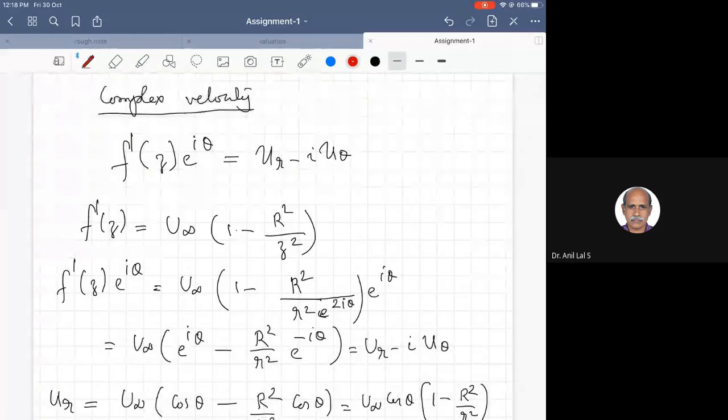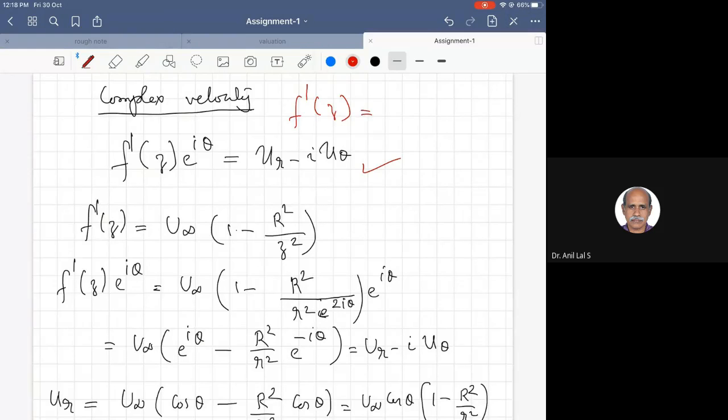So complex velocity, in the polar coordinate system, f dash z into e raised to i theta is equal to ur minus i u theta. This you should remember. In the Cartesian coordinate system, f dash z is equal to u minus iv, where u is the horizontal component of velocity and v is the vertical component of velocity. In the polar coordinate system, it is f dash z into e raised to i theta equal to ur minus i u theta.